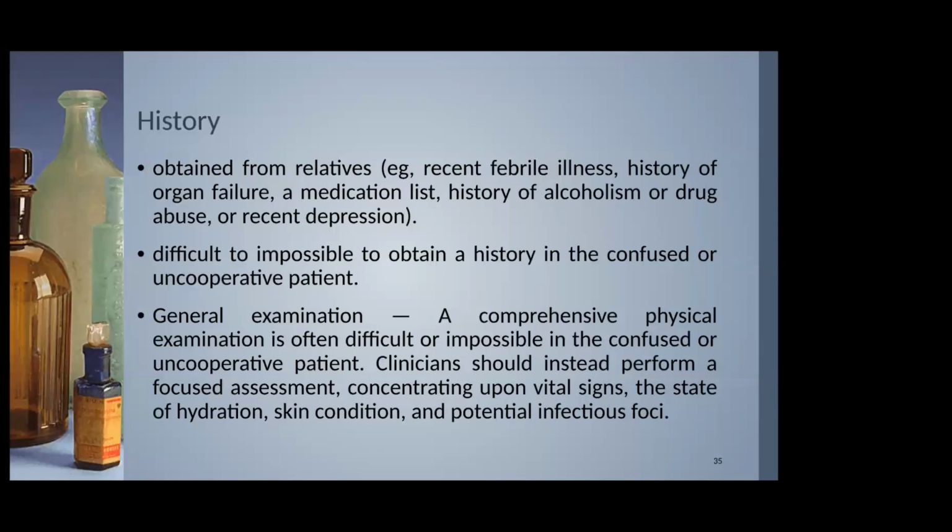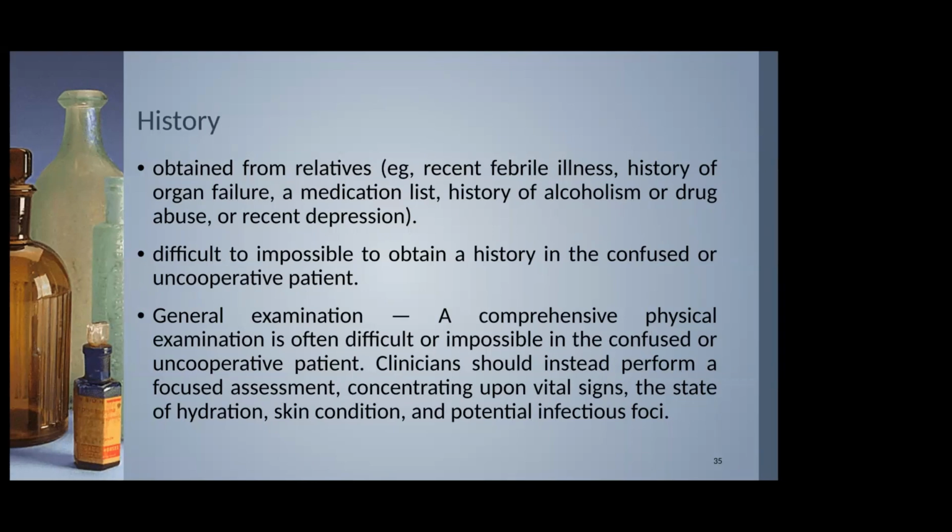You have to ask if the patient has had a recent febrile illness, if there is a history of organ failure, if there is a history of alcoholism, or if there is any drug, substance or medication that the patient is taking. You have to check all these parameters while you take history.